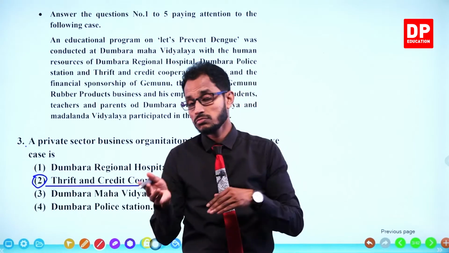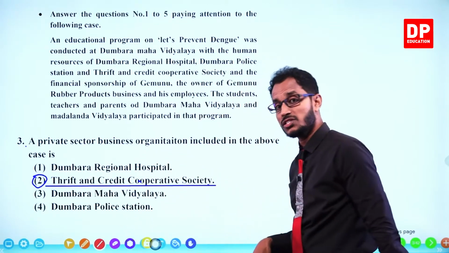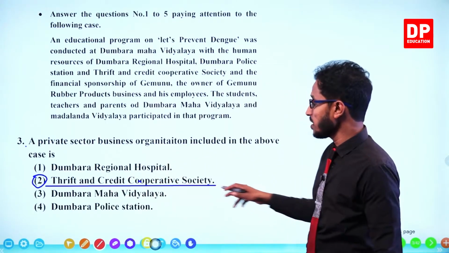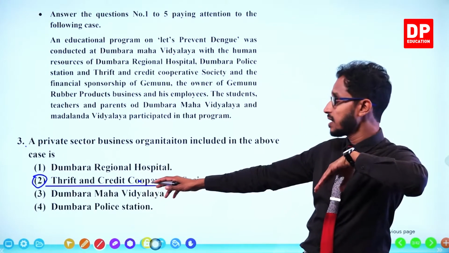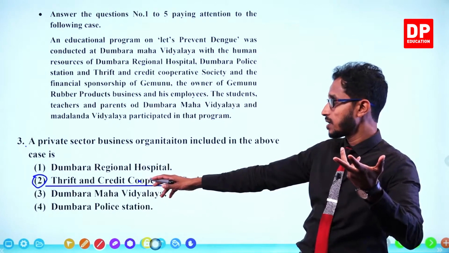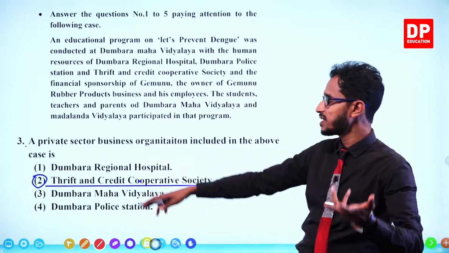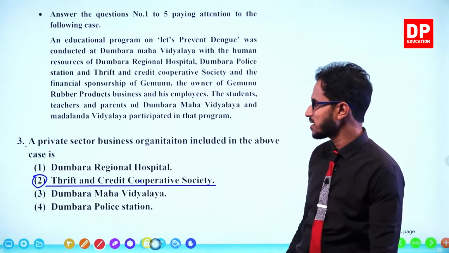There are the bases which are used to categorize organizations into groups. Thrift and Credit Cooperative Society, what did I say in Sinhala? ණය දෙන සමුපකාර ණය දෙන සමිතිය. සකසුරුවම් සහ ණය දෙන සමිතිය. That is the usual name in Sinhala.